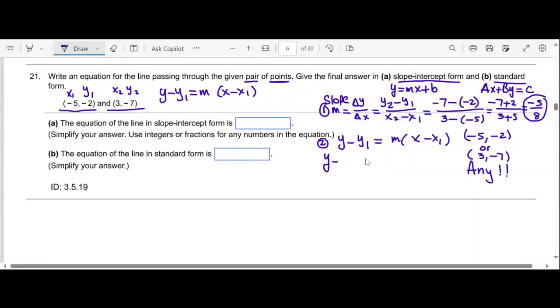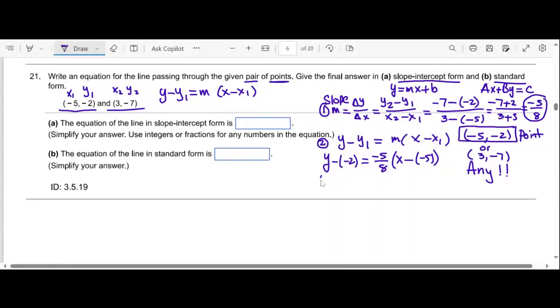I will choose the first one. So y minus negative 2 equals m, negative 5 over 8, times x minus x1, which is negative 5. Some students take a number from here and a number from there. You cannot. You have to stick to one point. So I'm going to use this point only.